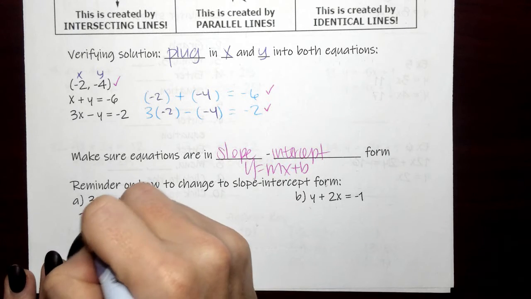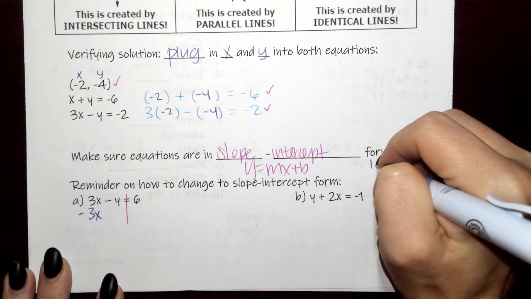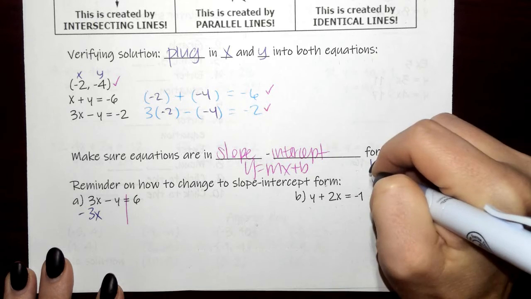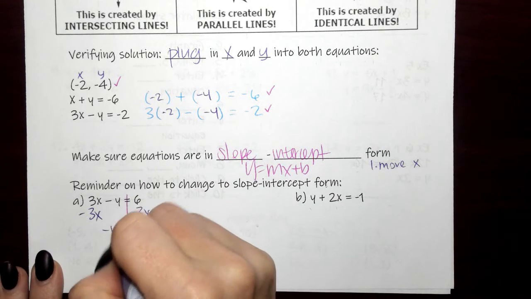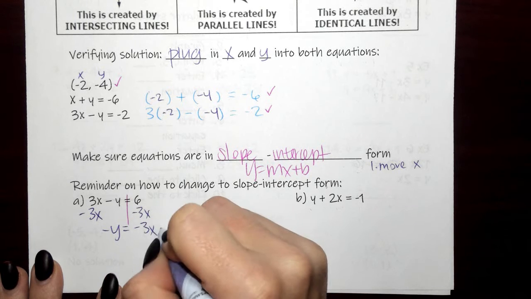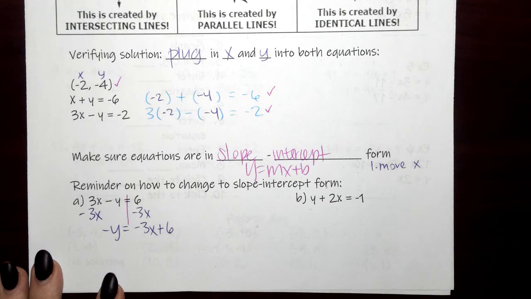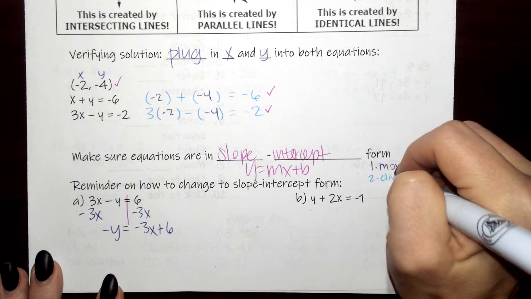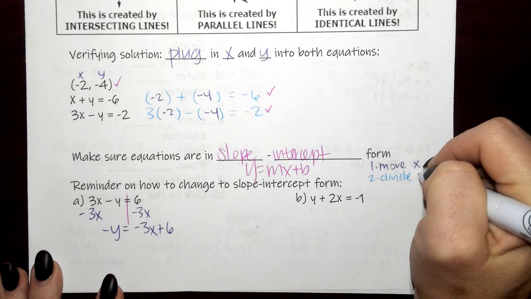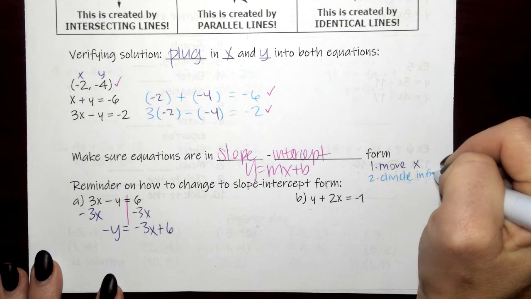Our first step is always move your x to the other side by doing opposite operation. Remember, if one has an x and one doesn't have an x, you cannot combine them. Our next step is to always divide what's in front of y.